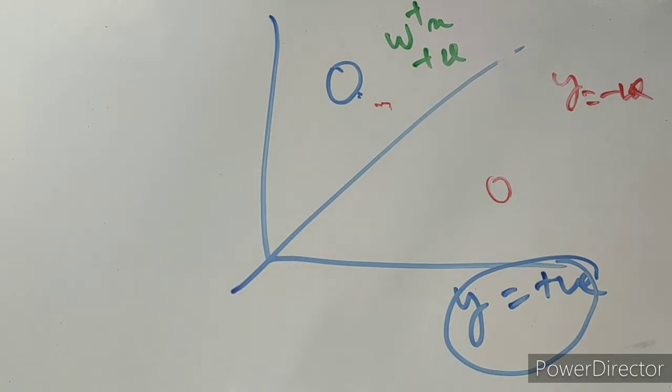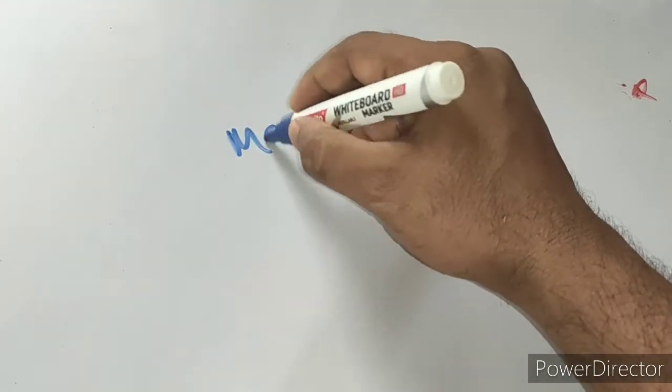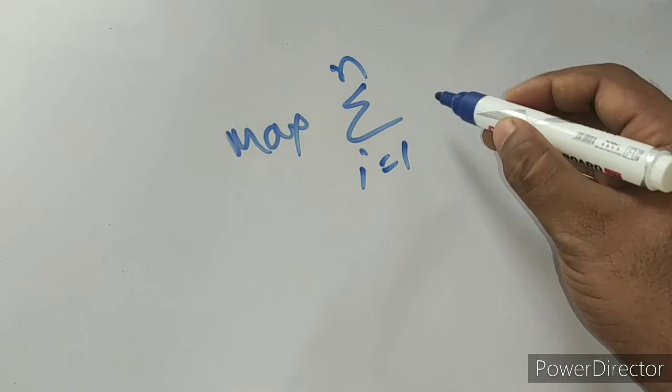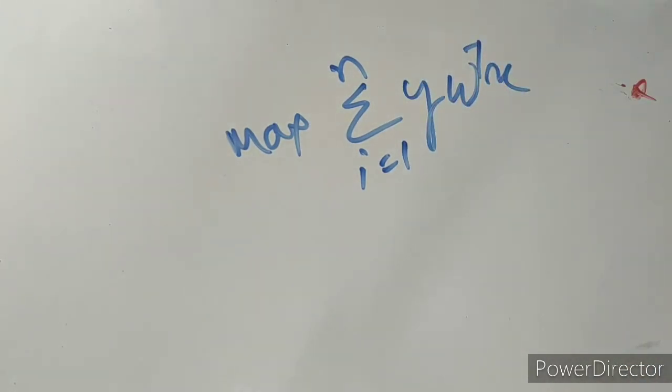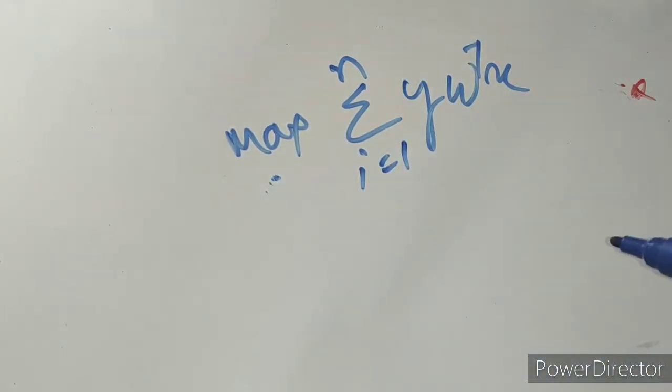So how do we deal with that? We are dealing with all these equations by making a summation, because here the formula is max of the summation of i equal to 1 to n of y WTX. The max value we have to take, and this max value we have to proceed with further in the sigmoid function.